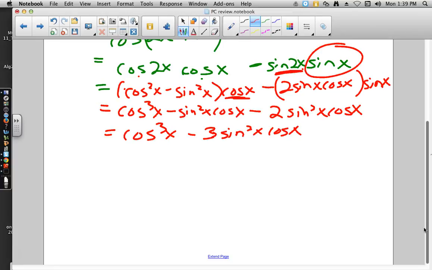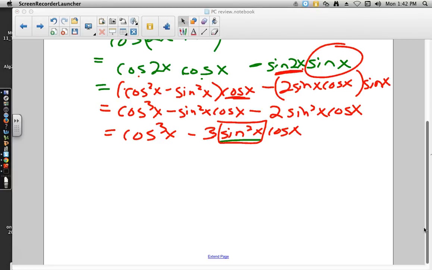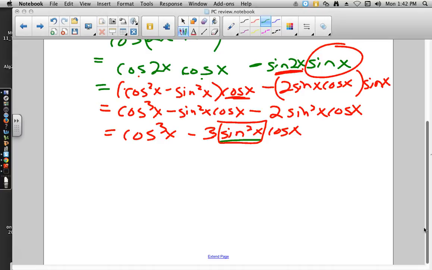All right, so now back to what I need my answer to be. My answer needs to be 4 cosine cubed x minus 3 cosine of x. So our next step is to figure out something that we could substitute in for this sine squared x so that everything in this problem would become cosine.